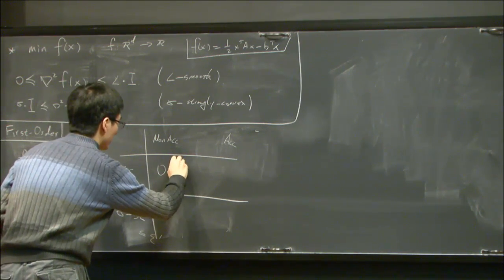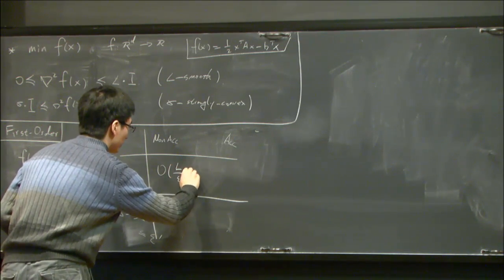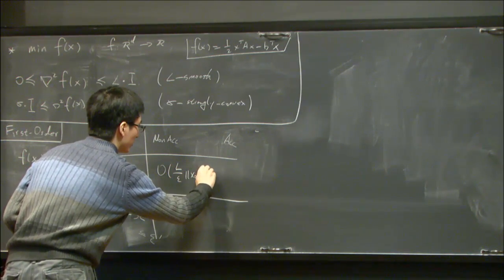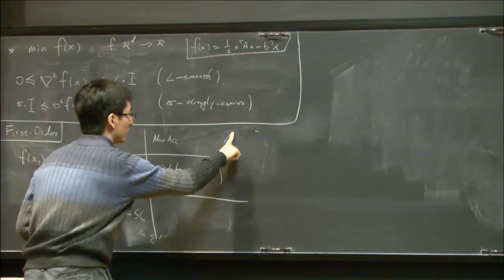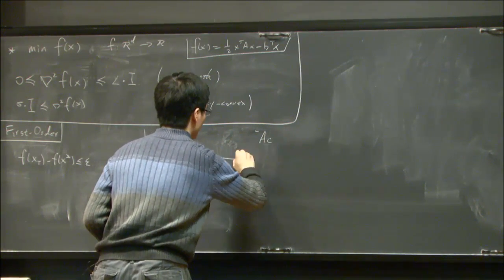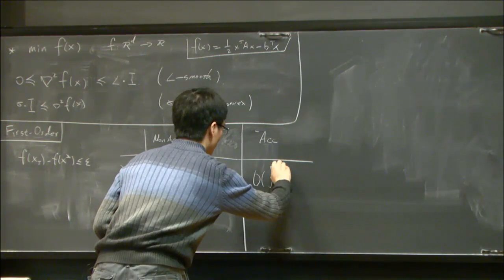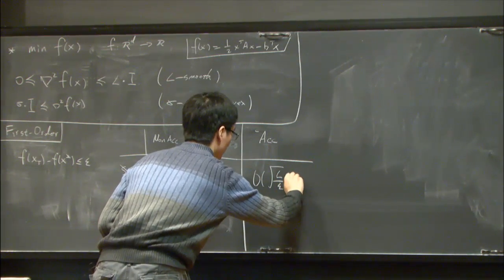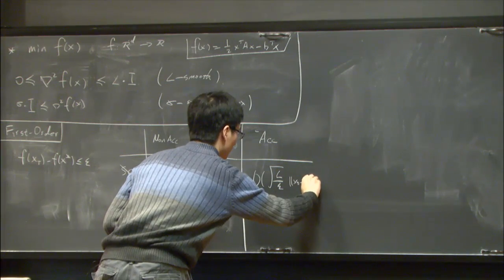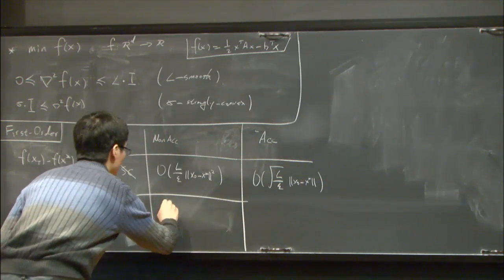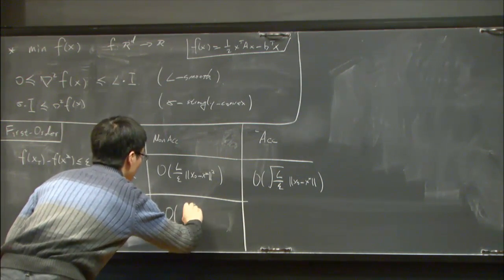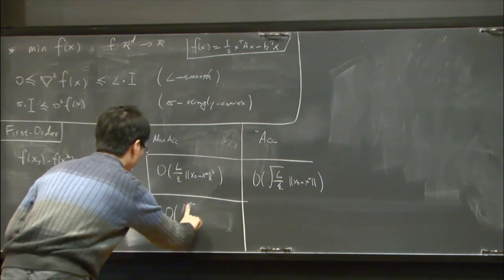So this one is like L over epsilon times x0. Let me first write them down. And the accelerated one.